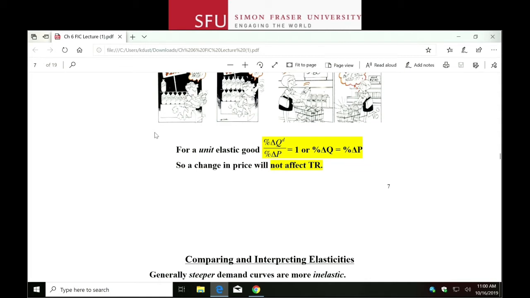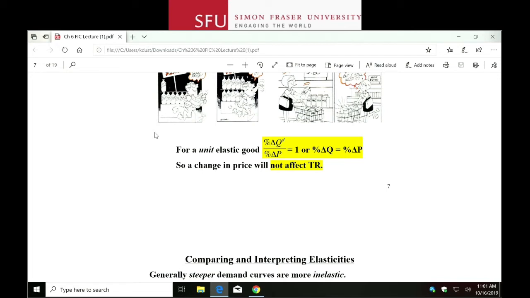Because, for example, if a demand curve is very steep like that, then between 2 points on the demand curve, you're going to have a very large price change and a small quantity change. So for sure, if you did that calculation, you would get an elasticity that's less than 1. It would be inelastic. So it's not the same calculation, but you would get a predictable result.